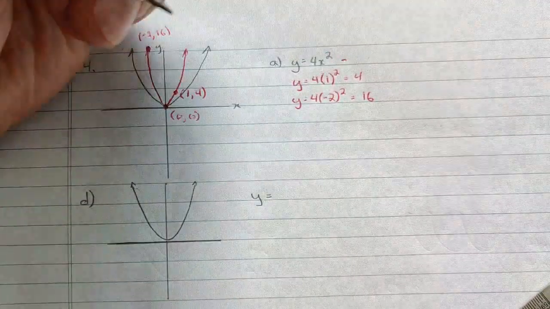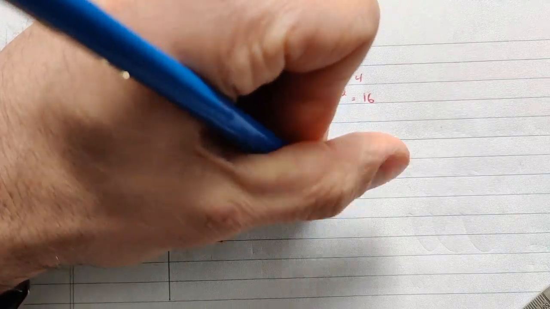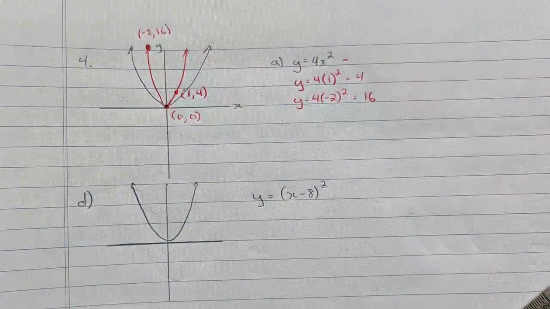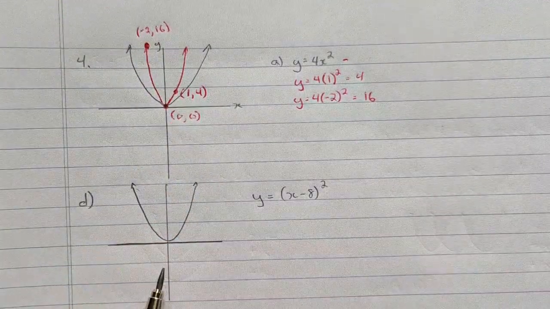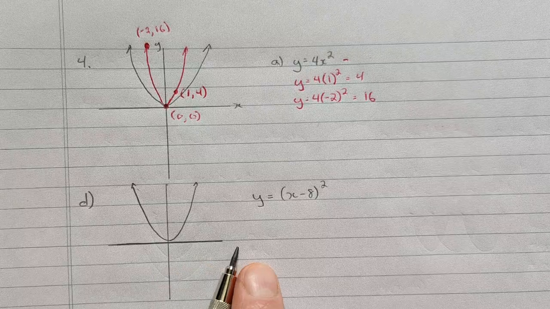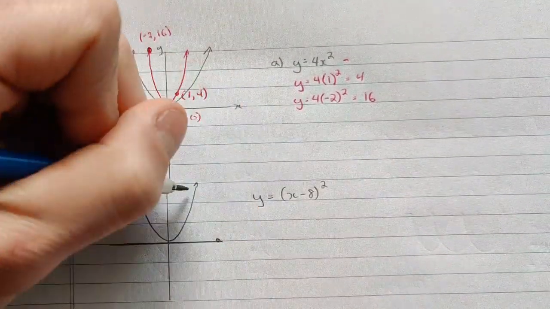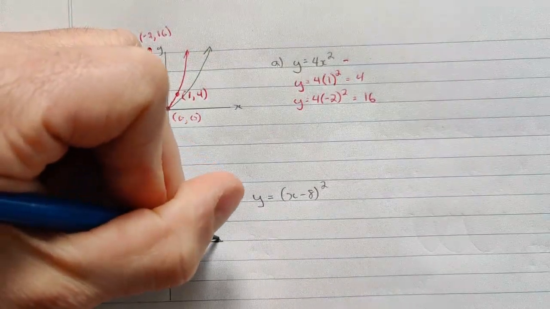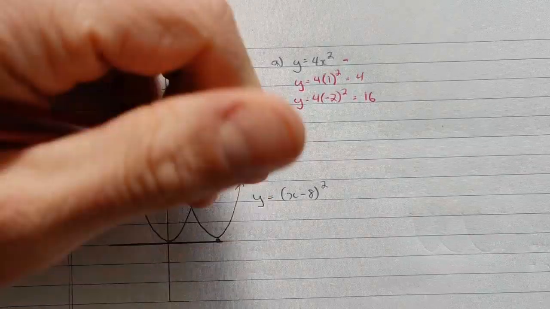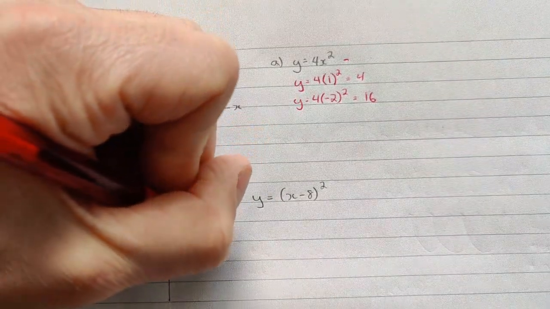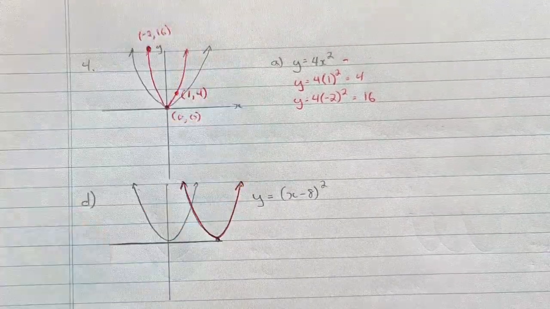Y equals x minus 8, x minus 8 squared. What that's going to do, graph right. It's going to be the same parabola, same parabola opening upwards.